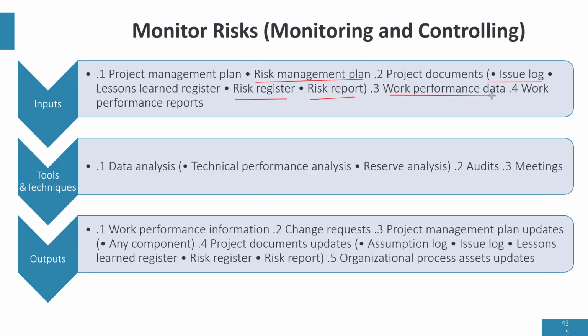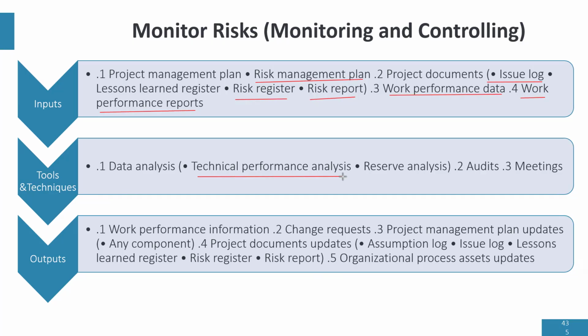We're looking at data on risks that have occurred, risks that are being responded to, and risks that haven't yet occurred. That's work performance data. We're also looking at the performance of the project itself. Now, technical performance analysis is where we look at technical gaps in the project.